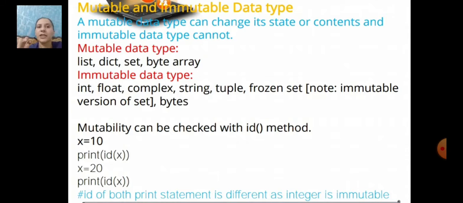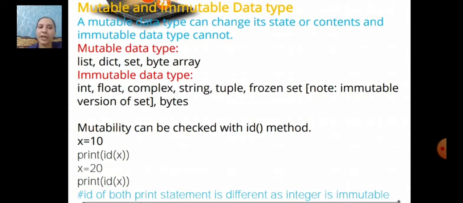Or we can say that a mutable data type can be updated after creation, but an immutable data type cannot be changed or edited after creation. The mutable data types are list, dictionary, set, byte array, etc. But the immutable data types are int, float, complex, string, tuple, etc.